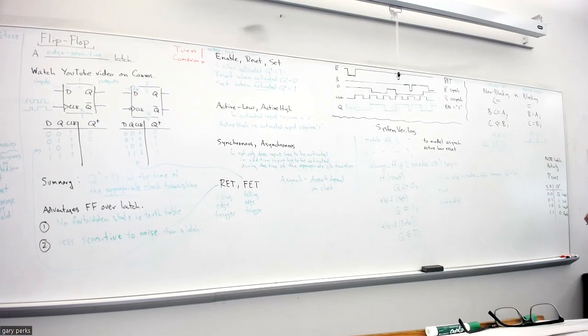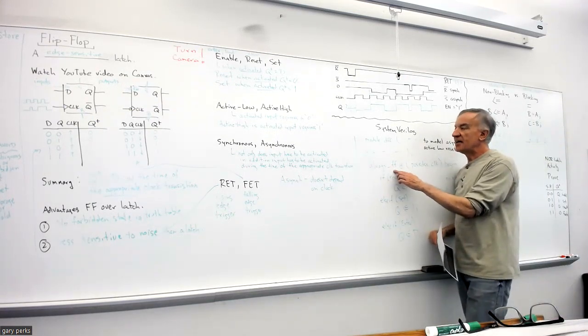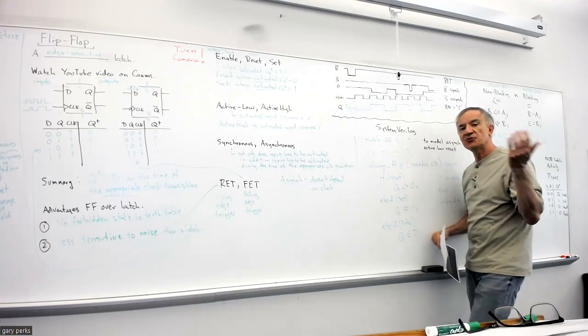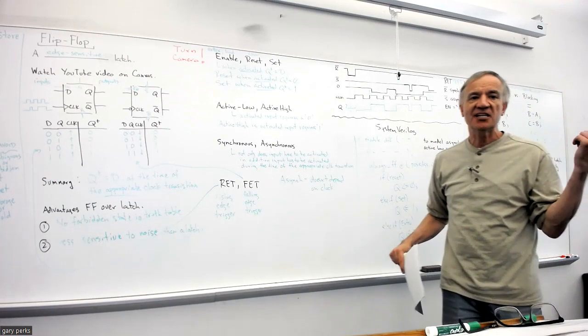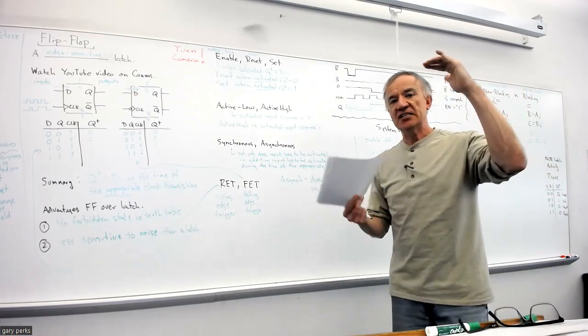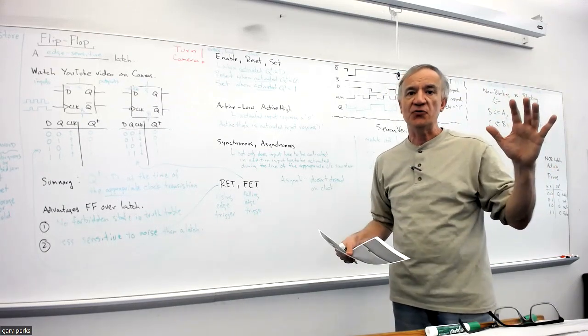All righty. What does FF stand for? I think it just stands for flip-flop, but there are other sequential circuits. When we get to an FSM, a finite state machine, next week, you're going to see an FSM has both a sequential portion and a combinational portion. It's like a combination of both.